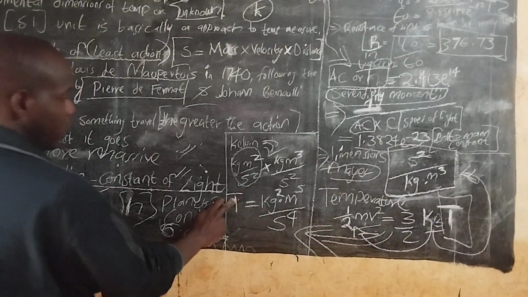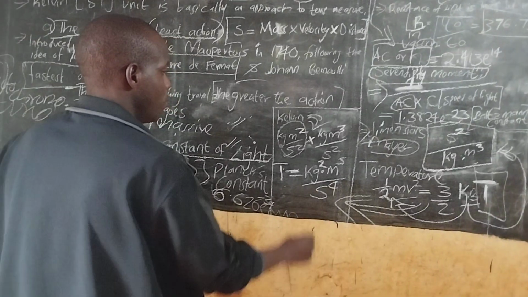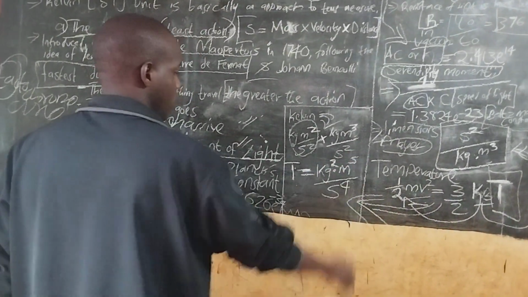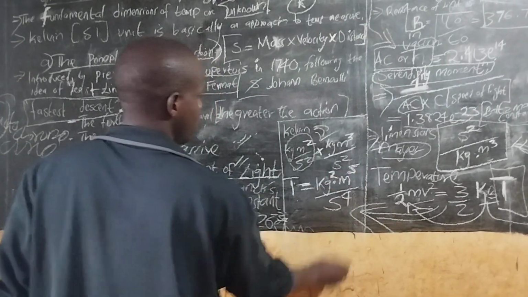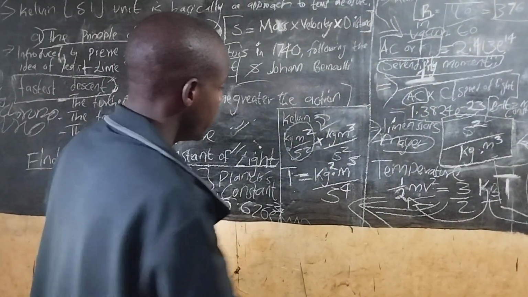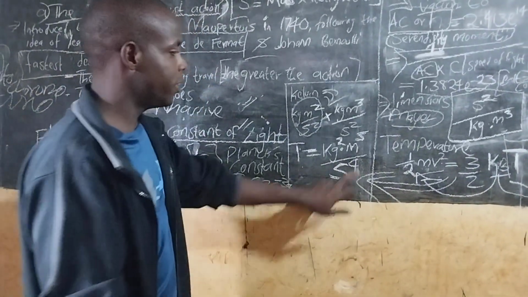So finally we get that temperature is equal to mass raised to the power of 2 multiplied by meter raised to the power of 5 divided by time raised to the power of 4.